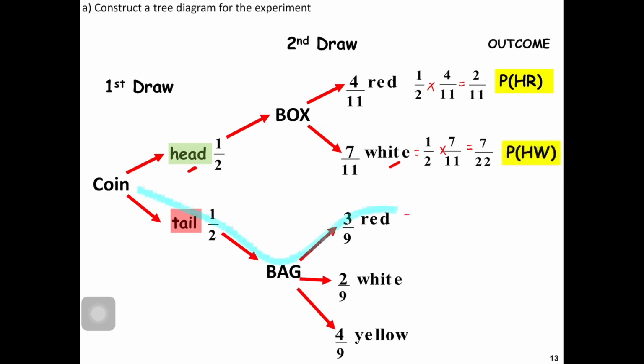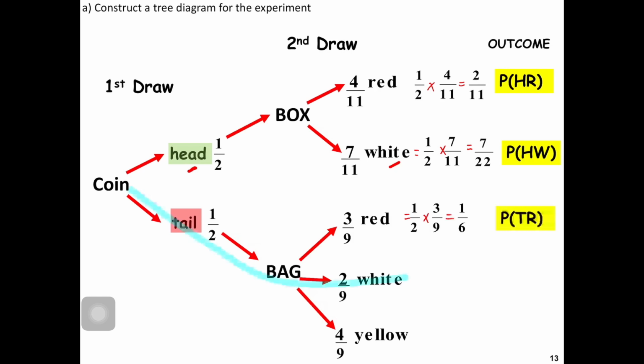So again, multiply along the branches: 1 over 2 multiplied by 3 over 9, so you get a value of 1 over 6 for the probability of tail and red, that is TR.